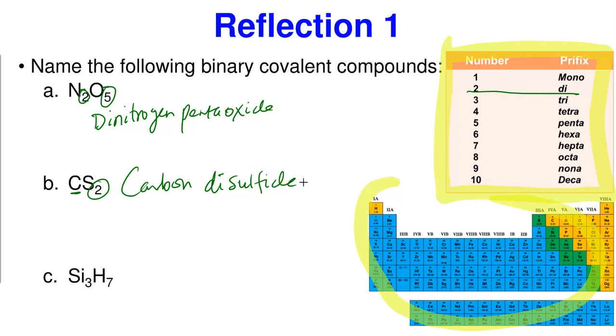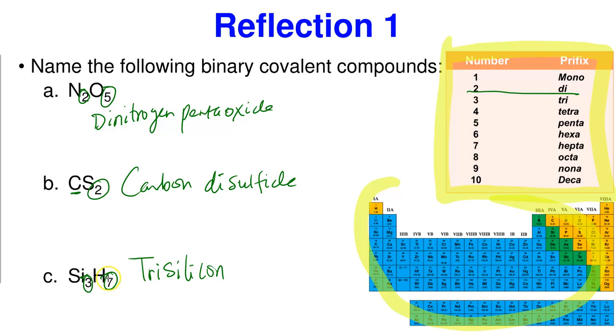And the last one here on this page is silicon. Of course, you should know that it's silicon, right? You always use your periodic table to check those out. So if you check it out there, silicon, of course, is listed there. You look at the formula, you know what it is, and then you name it. So this is going to be, since there are 3 here and there is 7, so this will be trisilicon.